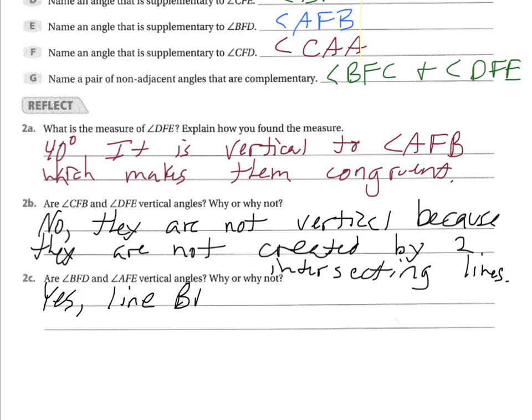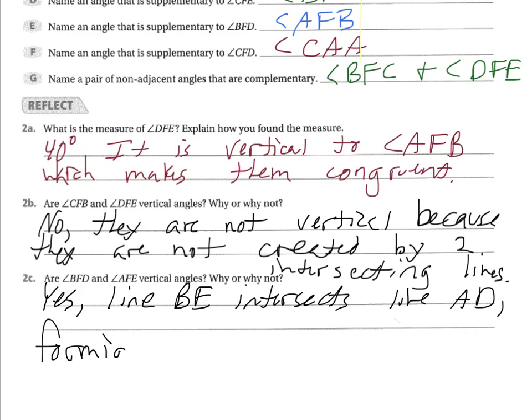Line BE intersects line AD, forming the two vertical angles.